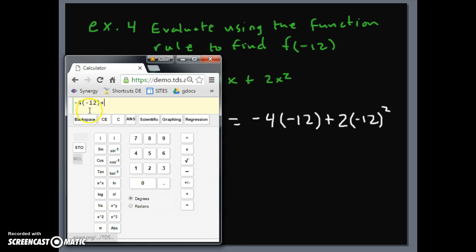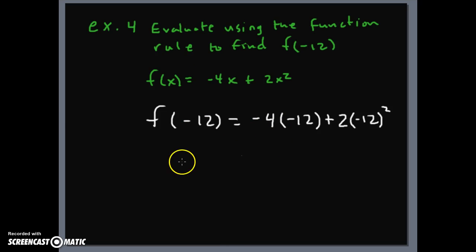If you do not use your parentheses, then the answer you get will be different from the answer you should get. And the squared feature is this caret 2, and what do we get? We get 336. So we can say that f of negative 12 equals 336.